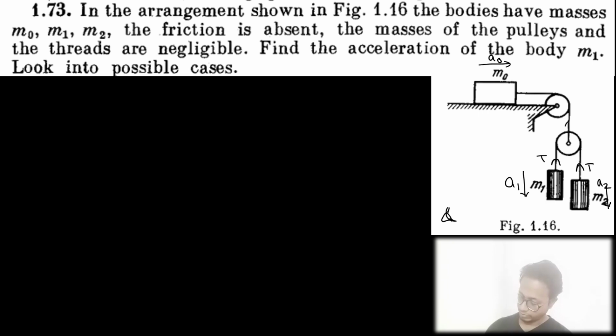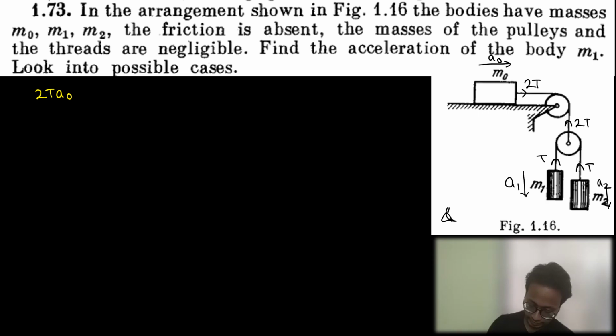T, out here 2T, and out here 2T. So can I say 2T into a0 plus T into a1 into cos 180. Why? Because T and a1 are 180 degrees apart, plus T a2 cos 180 is equal to 0.